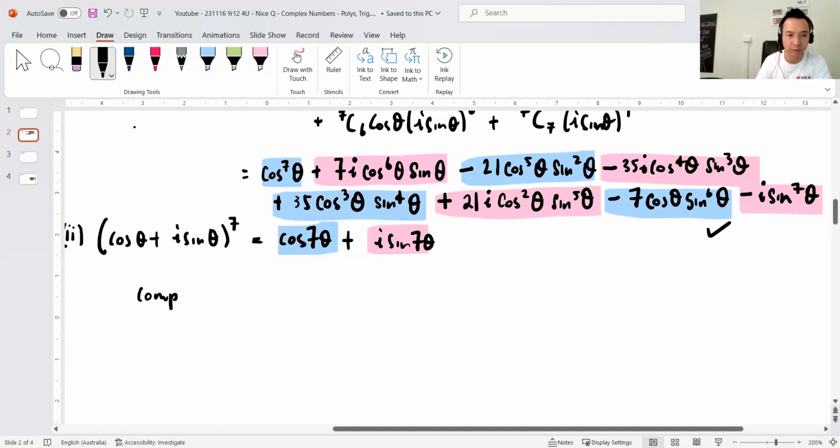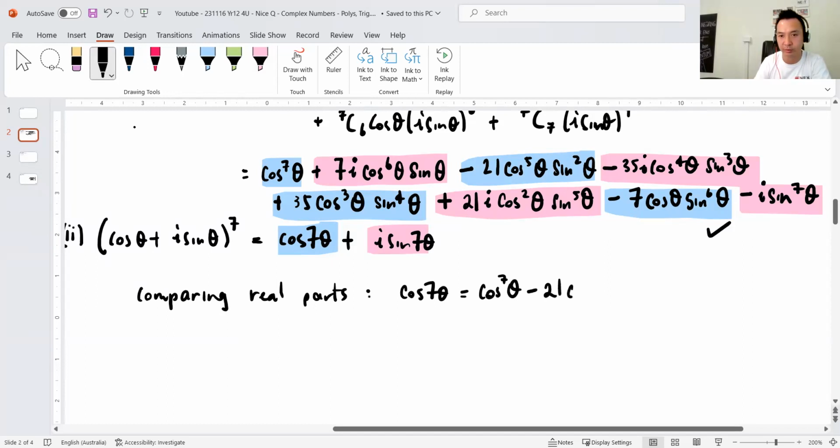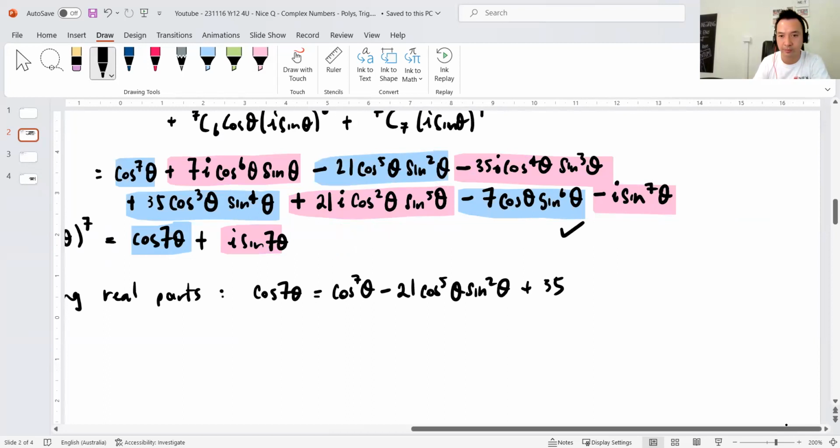Comparing real parts, I got cos 7 theta equals cos 7 theta minus 21 cos 5 theta sine squared theta plus 35 cos 3 theta sine 4 theta and minus 7 sine 6 theta cos theta.